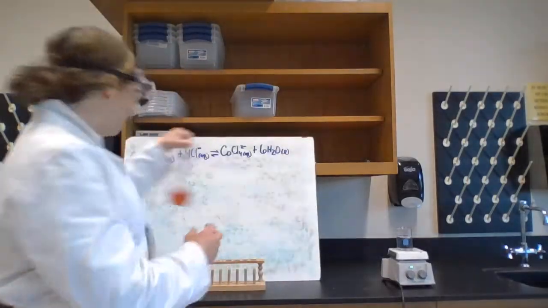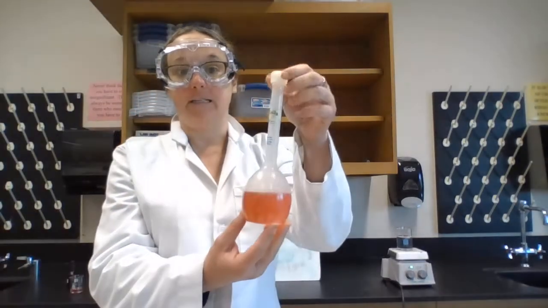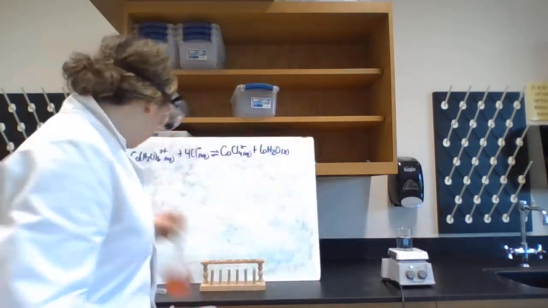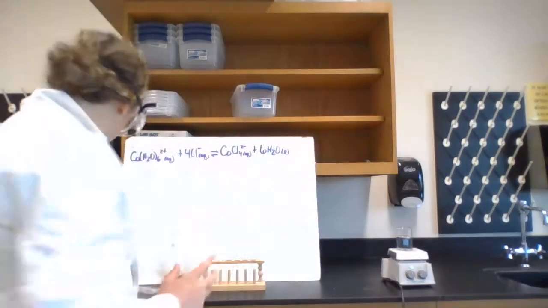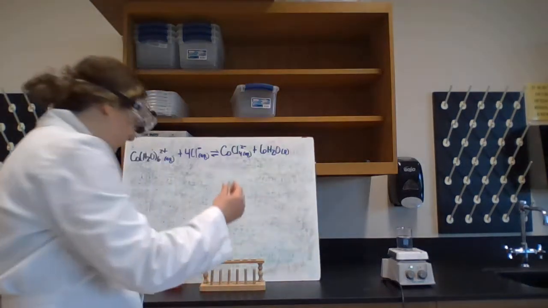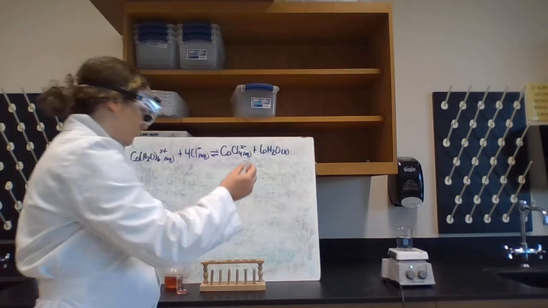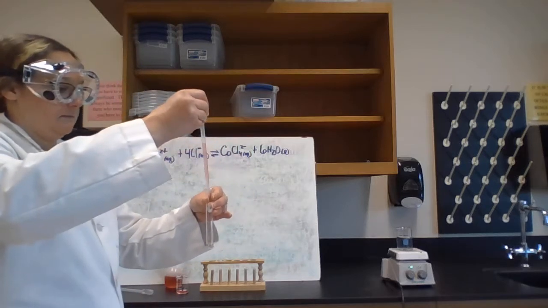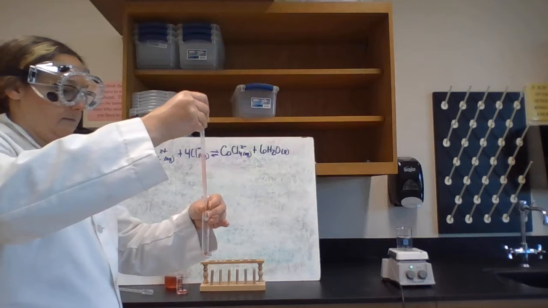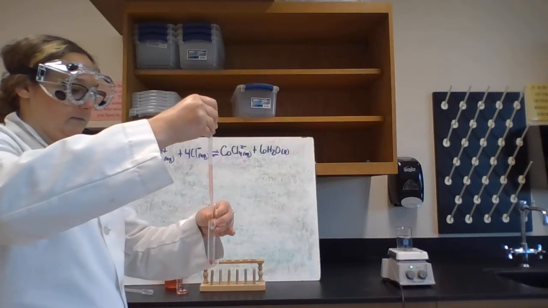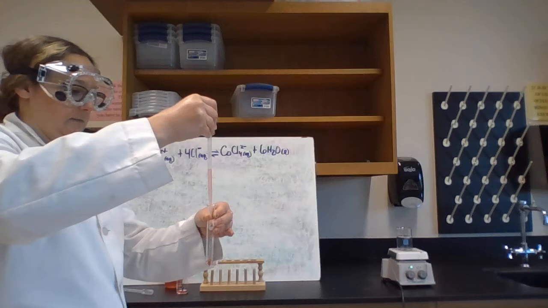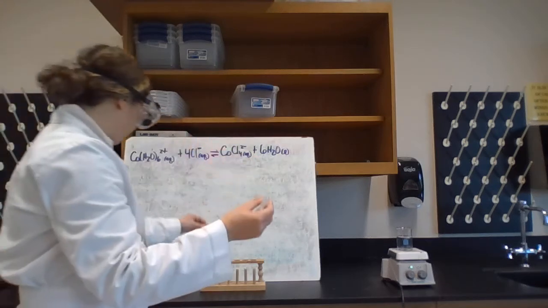Okay, so our first step tells us to add cobalt 2 chloride. So this is cobalt 2 chloride. And we're going to add 20 drops to 2 different test tubes. All right.